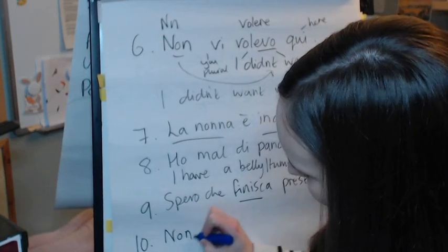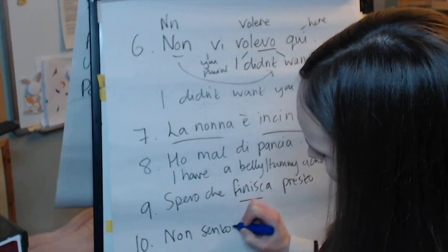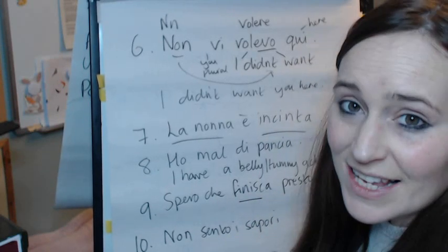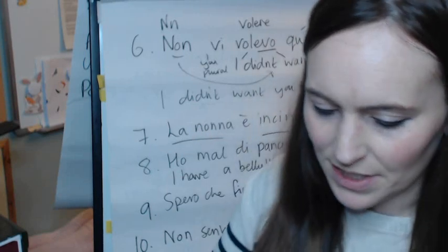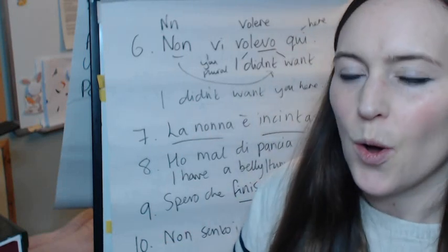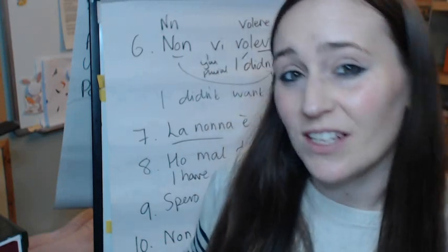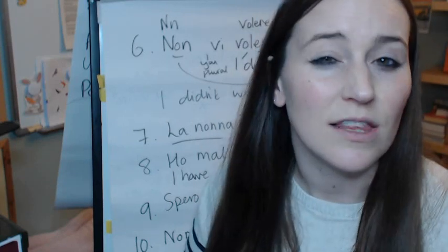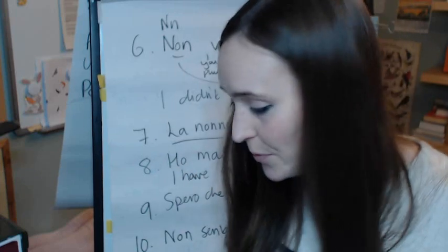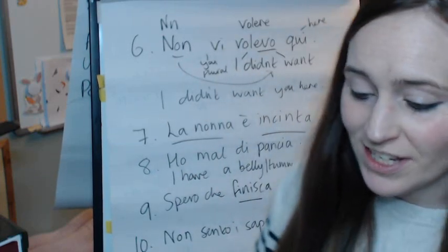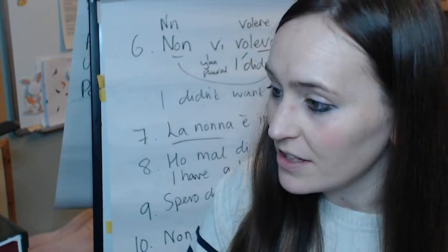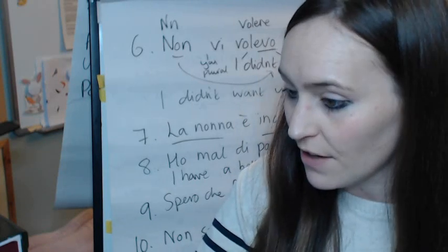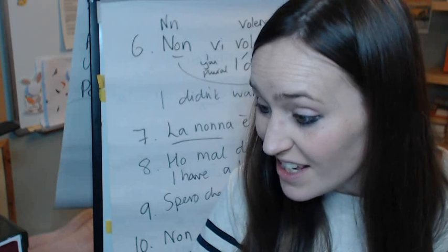Non sento i sapori. Sentire can be to smell or to feel, or it could be to taste. Il sapore di qualcosa is like the flavor. So, non sento i sapori is the negative. I can't taste the flavors. I can't taste it basically.